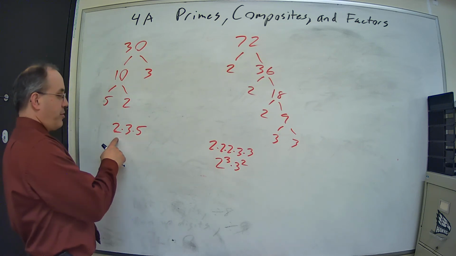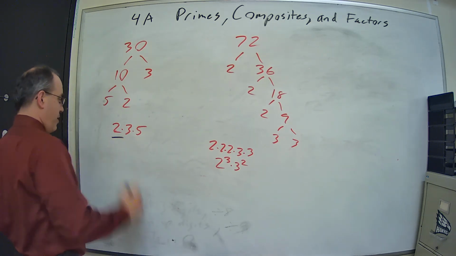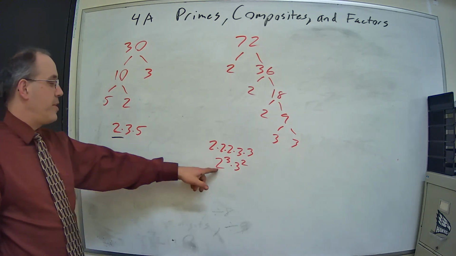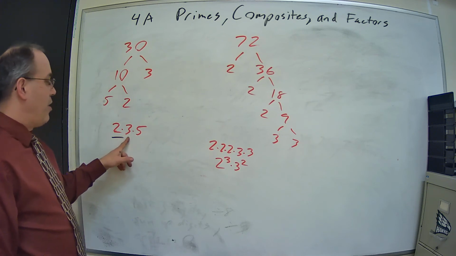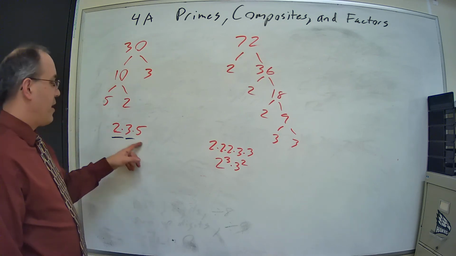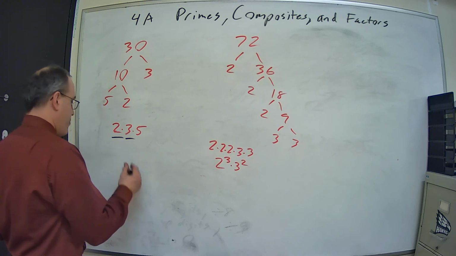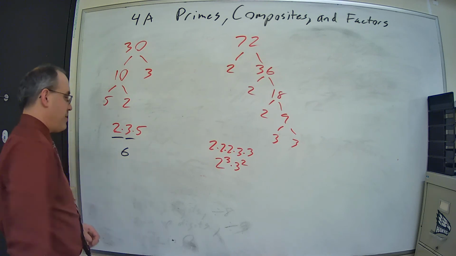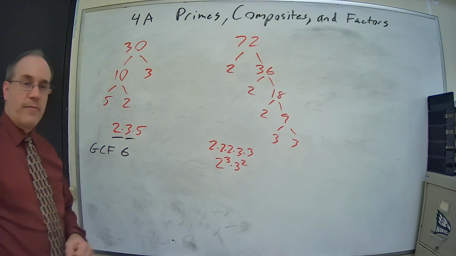So I have 1 two here, I have 3 twos here. Well, the greatest common there is 1. There's 1 here and there's 3 here, so best we can do is get one of them. I've got 1 three here and 2 threes here, so I can get that 3. I've got a 5 here and no 5's here, so I can't get that. 2 times 3 is 6, so 6 is our greatest common factor.